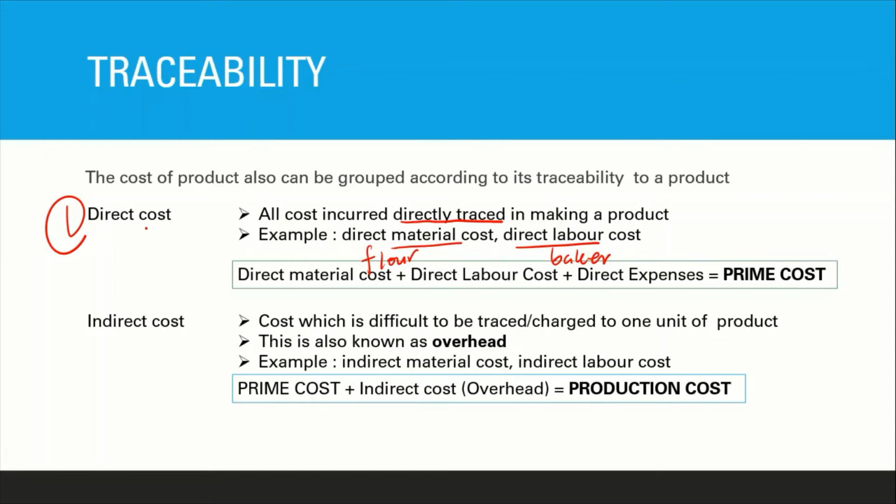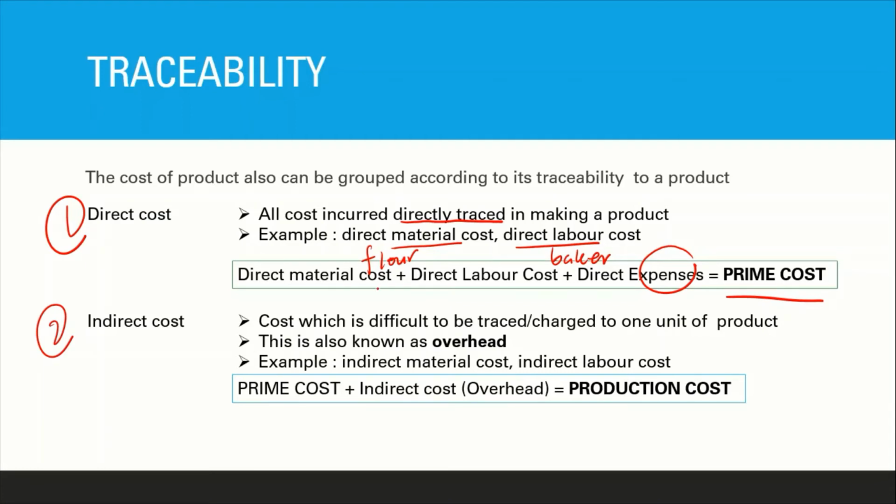Okay, so when you add direct material cost, direct labor cost, and direct expense, which are not material or labor but can directly be traced to the product, they are called prime cost. Okay, so the second category is indirect cost.